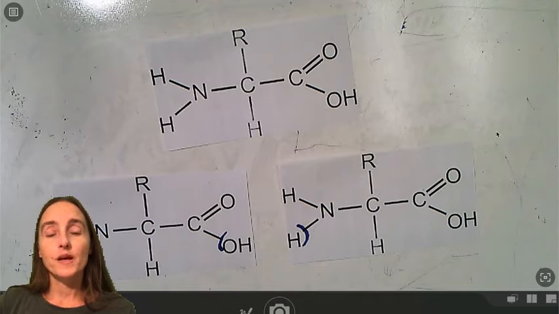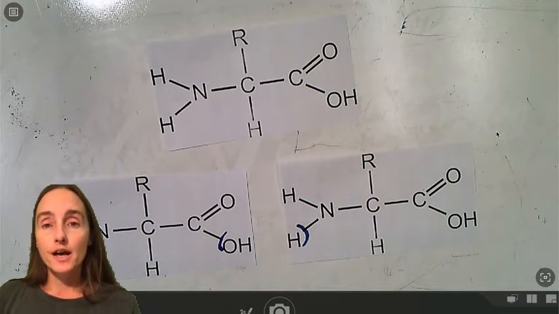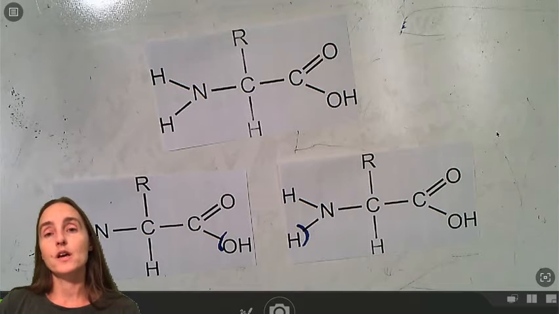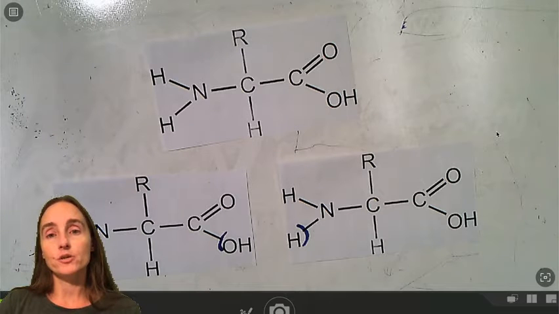And so depending on what the R group is, the different amino acids will have different properties. And that's really important for proteins. So proteins, 100%, what structure they have equals what function they do. They will have an active site for a substrate to fit in and lock in.